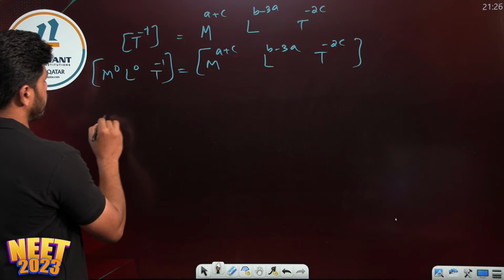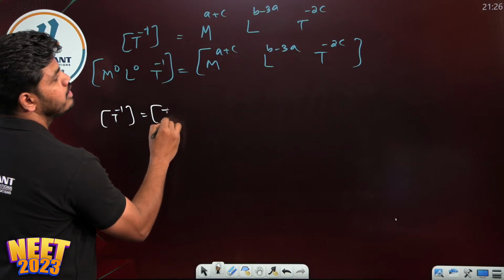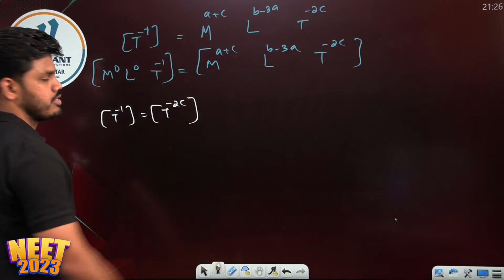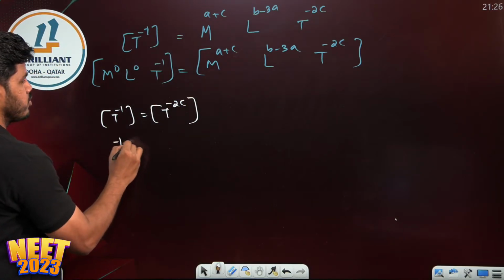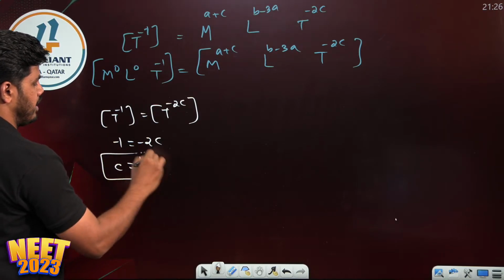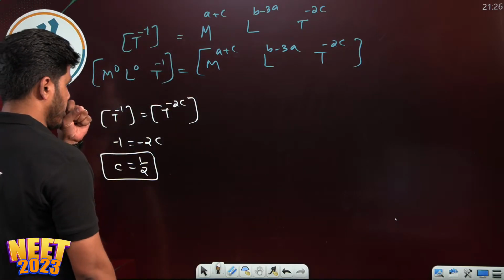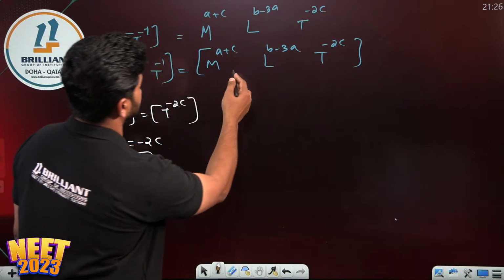Fine. So let us go for equating time. T raised to minus 1 on LHS, t raised to minus 2c on RHS, right? So we can say minus 1 is equal to minus 2c, or c is equal to 1 by 2. We got the value of c, 1 by 2. Good. And then what about m?